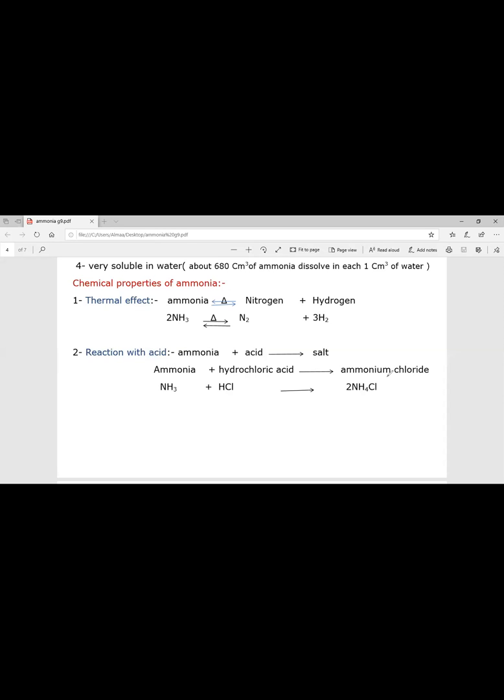This equation is represented by NH3 plus HCl produces NH4Cl, ammonium chloride. Again, the reaction between ammonia and acid produces salt. For example, ammonia reacts with hydrochloric acid to produce ammonium chloride.